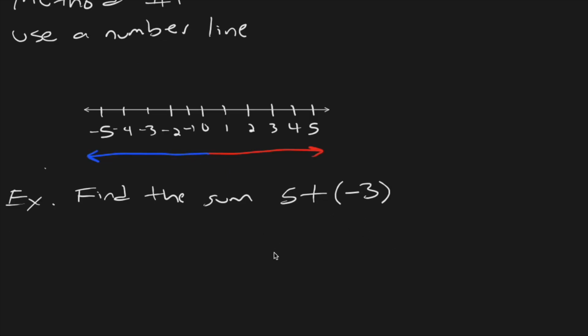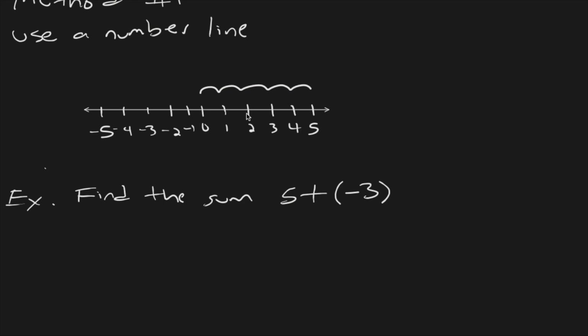So begin at 0. Since 5 is a positive number, move 5 units to the right. We start at 0 and we move 5 units to the right. 1, 2, 3, 4, 5.